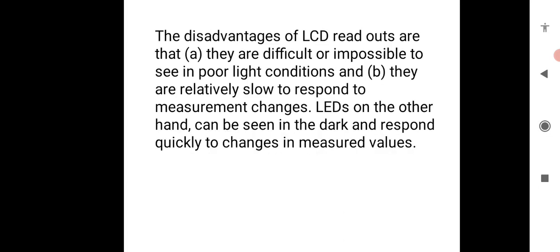The main disadvantages of LCD readouts are that they are difficult or impossible to see in poor light conditions and relatively slow to respond to measurement changes. LEDs, on the other hand, can be seen in the dark and quickly change to measured values.